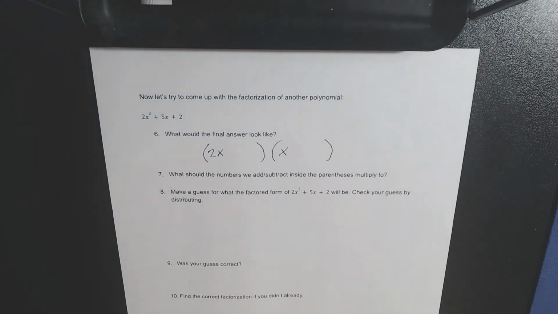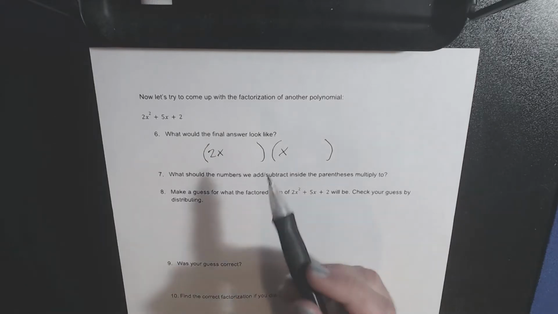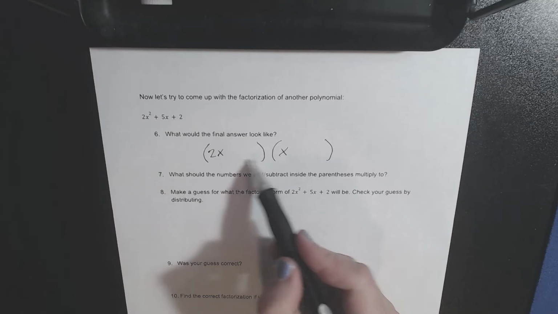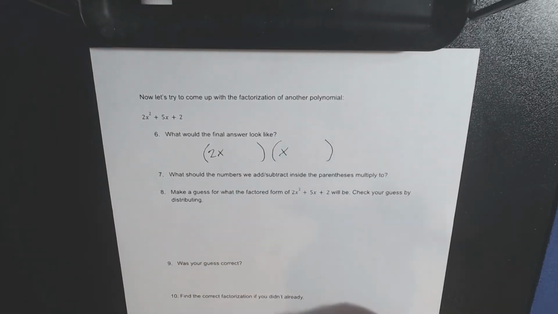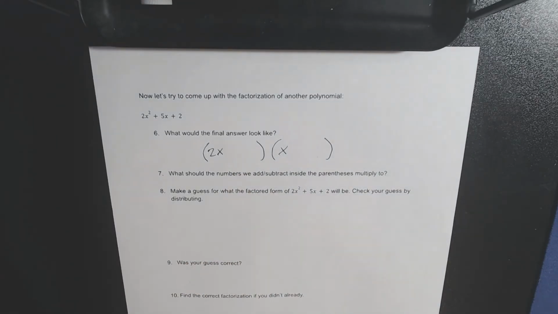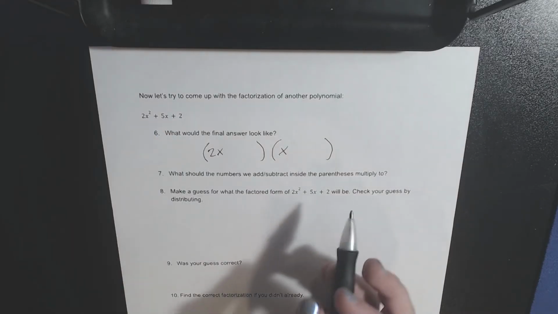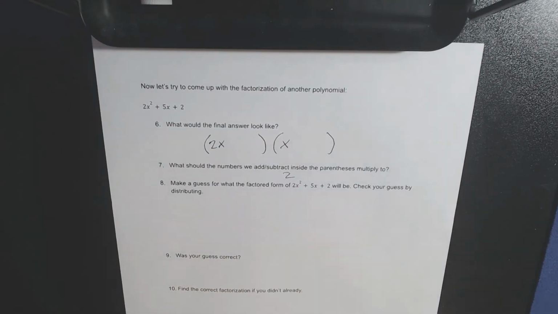Okay, so next we're going to figure out what numbers to put in here. The 2 numbers that you have should multiply to what? Well, in this case, they should multiply to c, which is 2. So they should multiply to 2 no matter what they are. So we're going to make a guess for what the factored form will be.